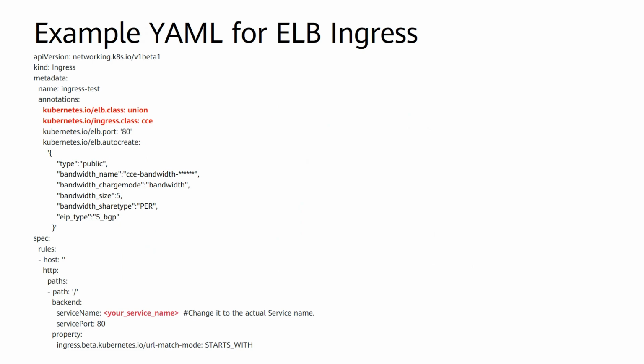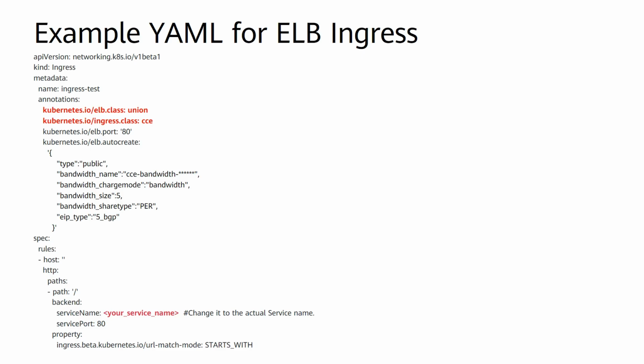Now, let's look at the definition. Creating an ingress is similar to creating a service. The first is the API version, and then the kind and metadata. The metadata defines how to work with ELB. The configuration is stored in the annotations part. For example, we create a shared load balancer, corresponding to the union class. The ingress class parameter specifies the type of the ingress controller to be used.